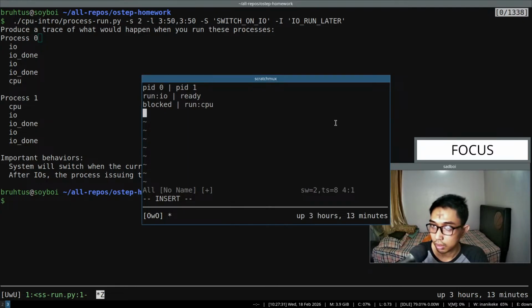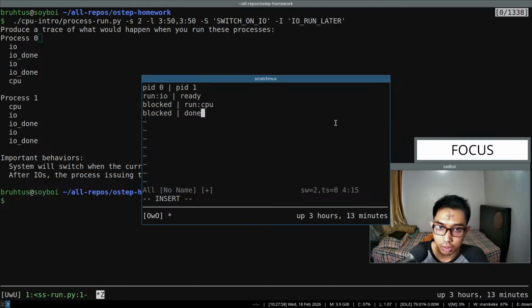Okay, and then block again. This one should be done. Alright. Or maybe we have immediately run IO.